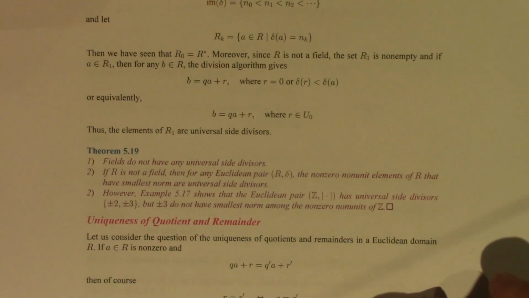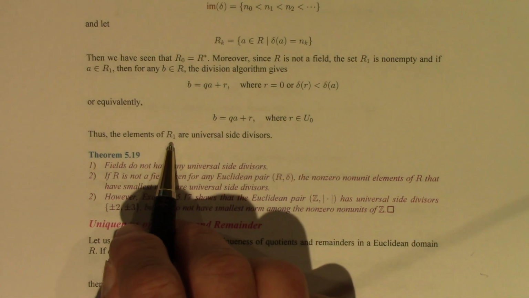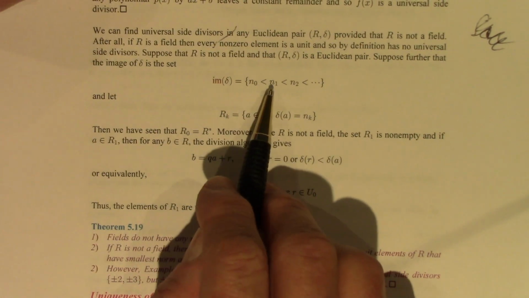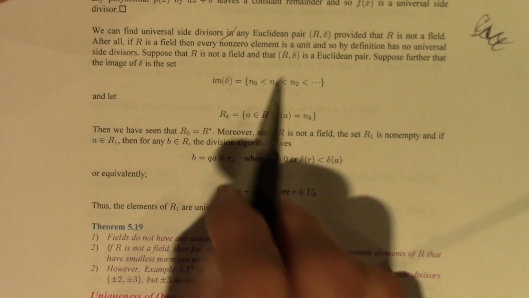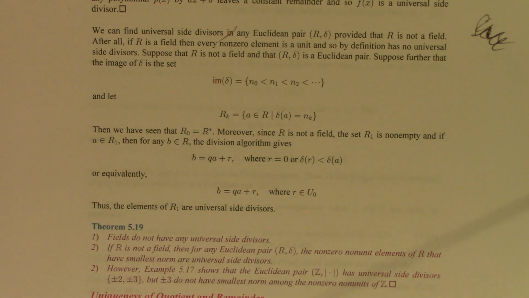Okay? And so in summary, the elements of R1, the elements that have norm n1 here, are universal side divisors. So in any Euclidean pair where R is not a field, we have universal side divisors.